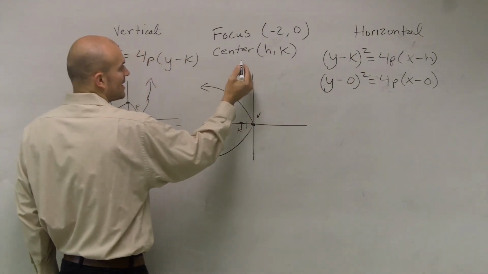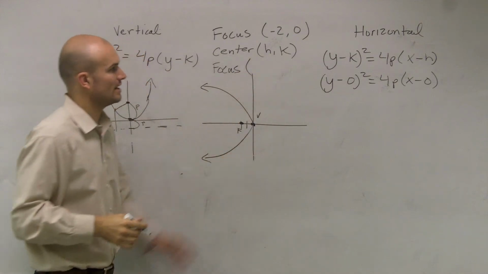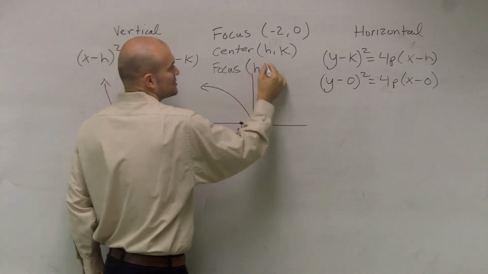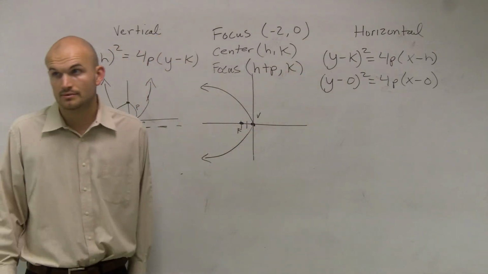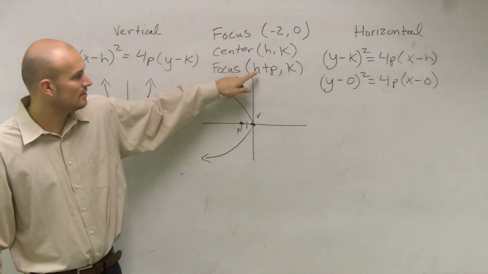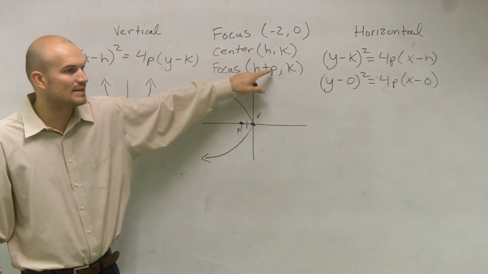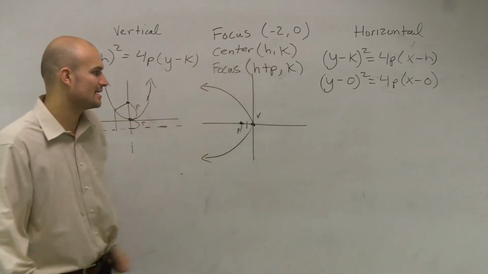The definition of the focus for a horizontal parabola is h plus p comma k, right? So if h is 0 and I have to add p to get -2, p then has to be -2.